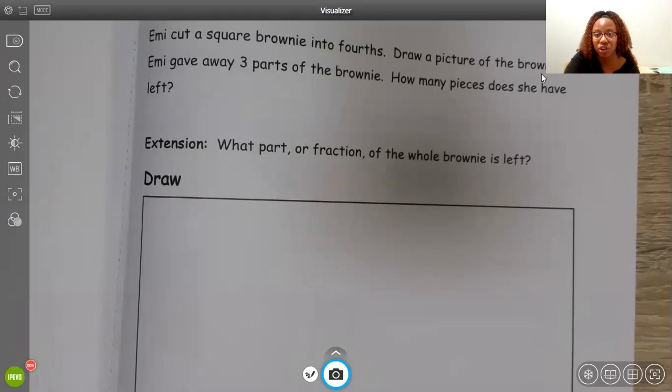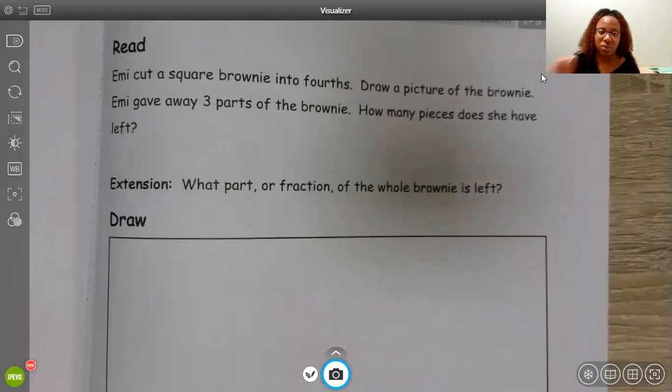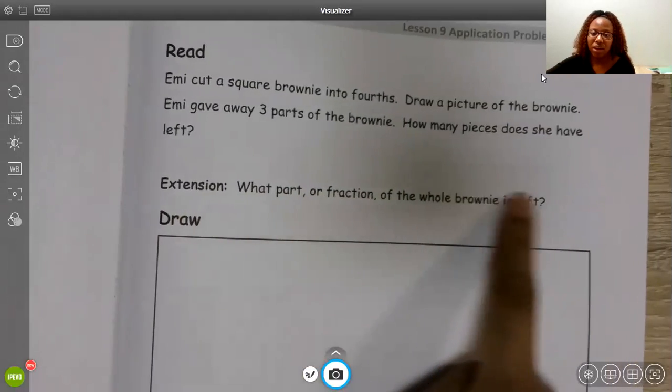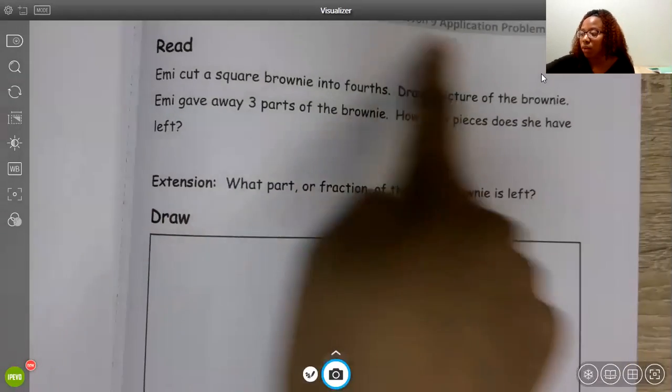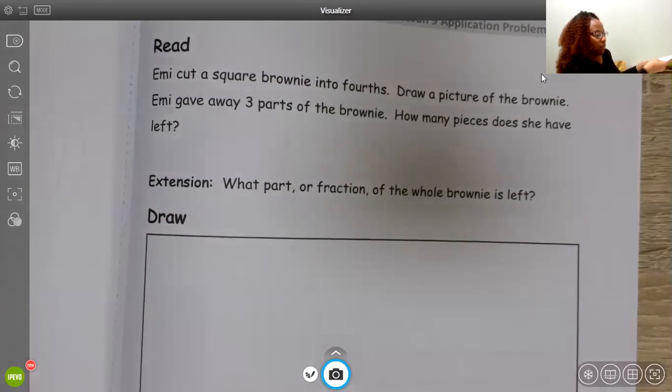Draw a picture of the brownie. Emmy gave away 3 parts of the brownie. How many pieces does she have left? And then there's an extension problem down here. But first, we want to solve this problem here at the top.